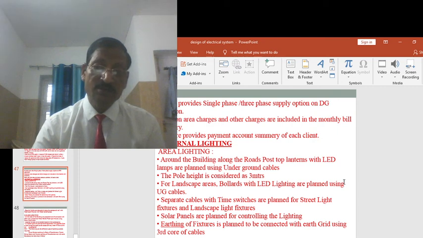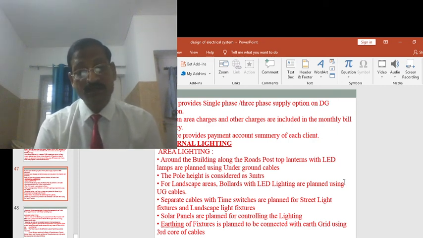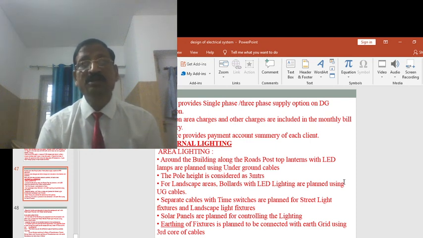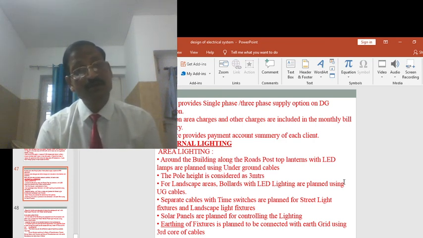External lighting. We have to do the external light like street lighting or road lighting, and there are the feeder pillars at different locations. From the feeder pillar we give supply to the electrical poles. There is some relay or sensor in the feeder pillar. As soon as the sunlight goes, the light will on.